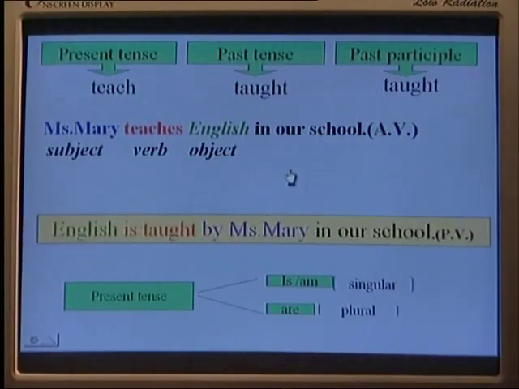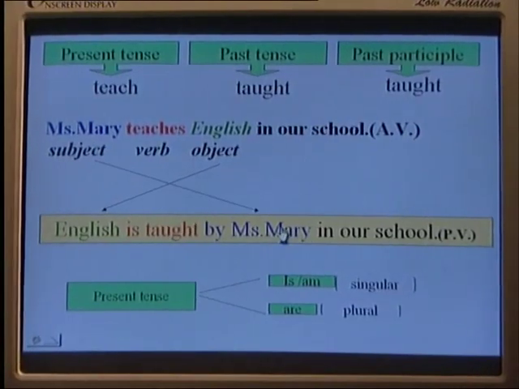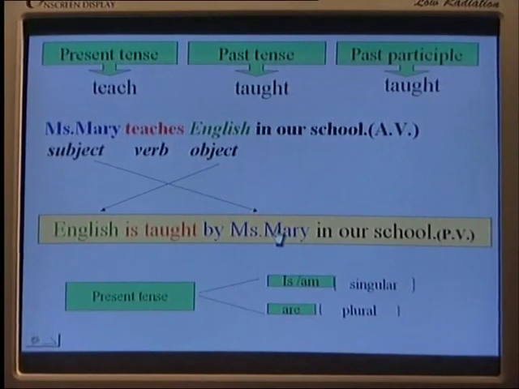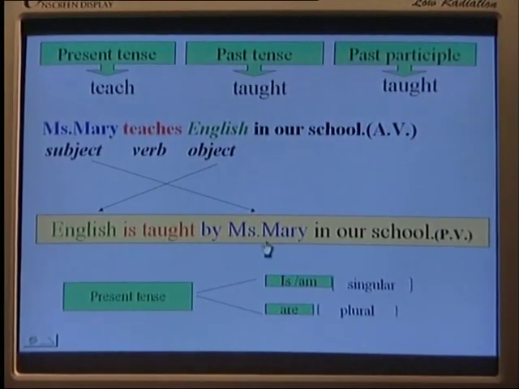So, what is the sentence in passive voice? You say English is taught by Miss Mary. Okay, the object here has become the subject in passive voice, and the subject Miss Mary becomes by Miss Mary, that is by noun phrase. Okay, by noun phrase.